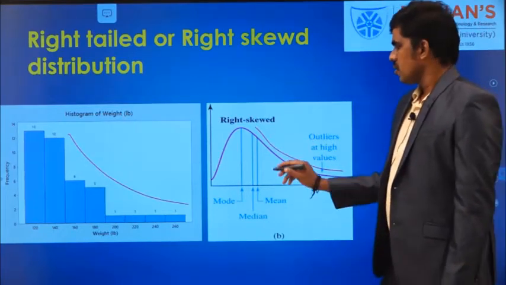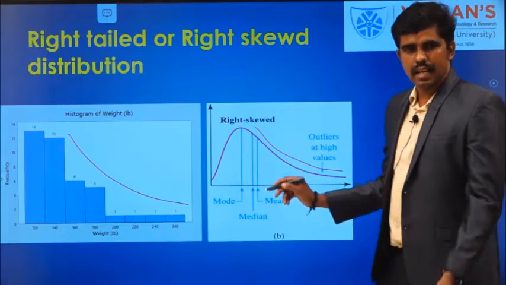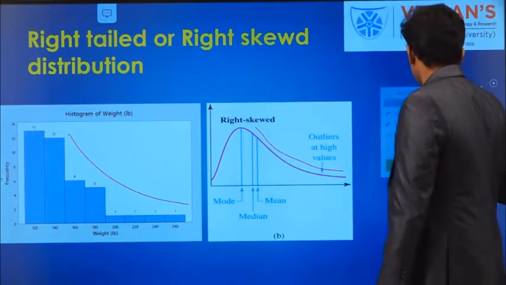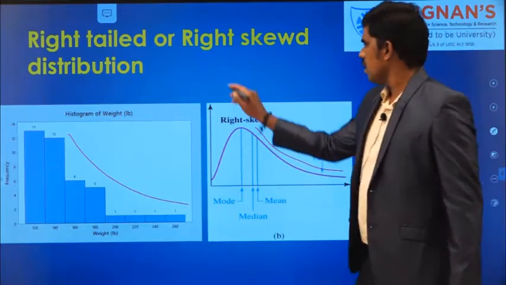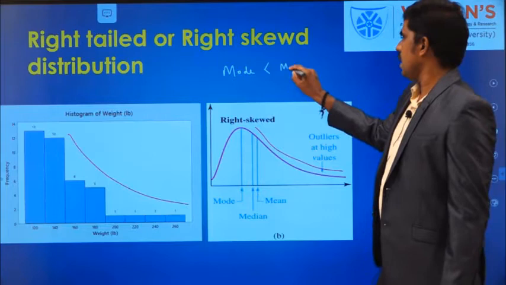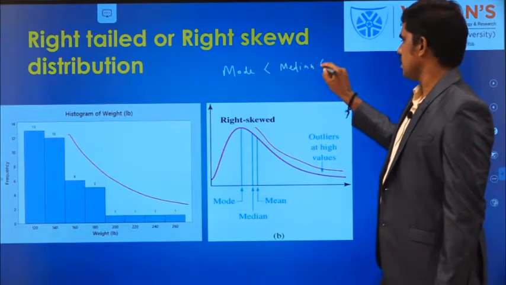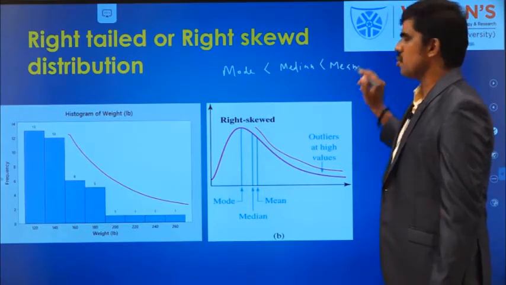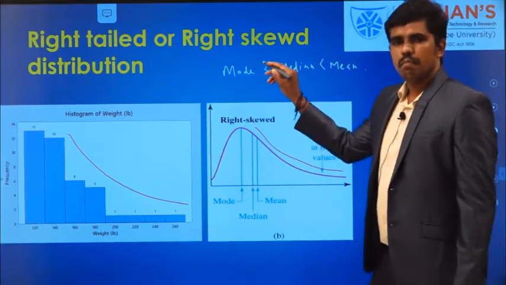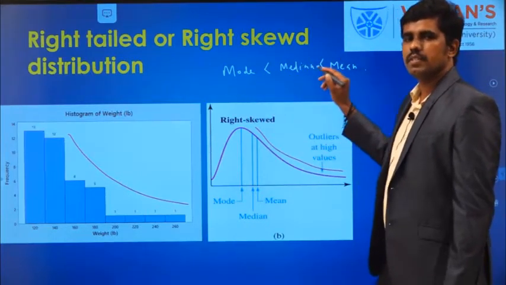What will be the relationship you will get? Mode is less than median, which is less than mean. Just the opposite of the previous relation. There we get mean less than median less than mode.